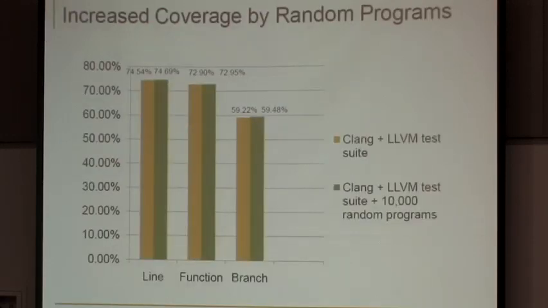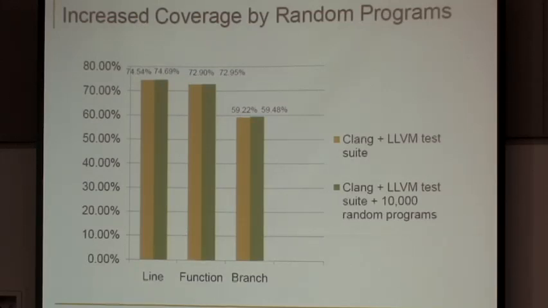Now, given our success in finding compiler bugs, we were wondering if it's because we can cover more program space in the compiler. And we did a measurement of the coverage. So the baseline is the test suite from both Clang and LLVM, and we added 10,000 random test cases on top of it to see how much increase in terms of coverage.